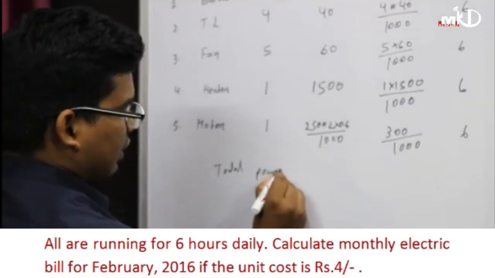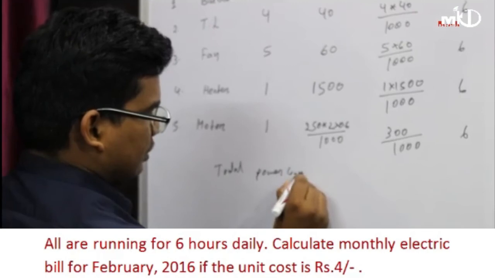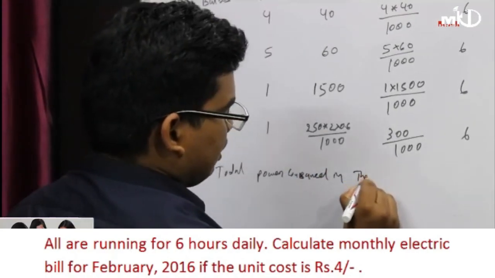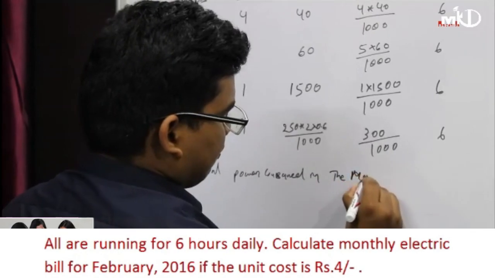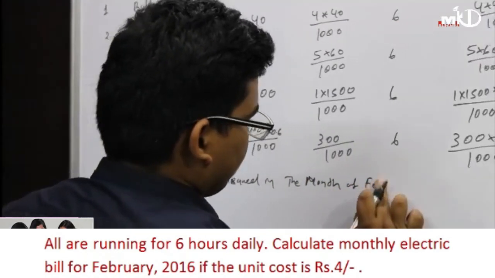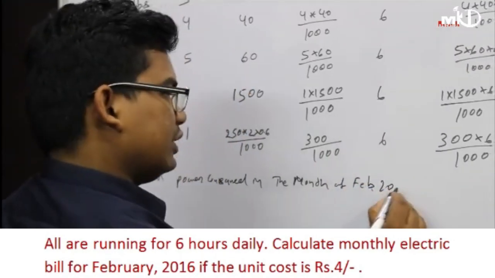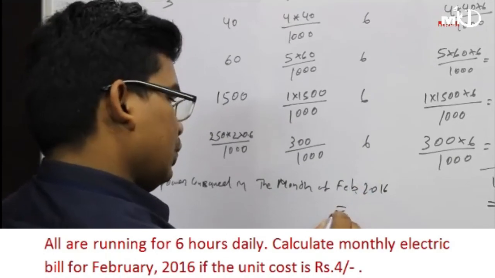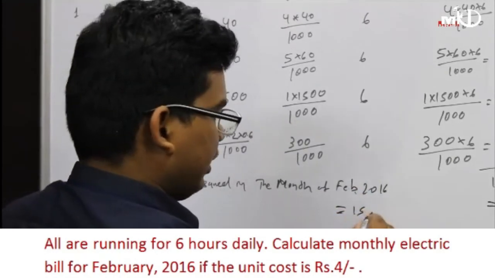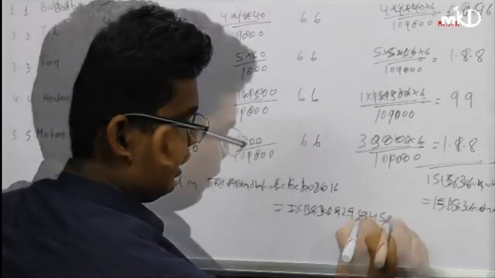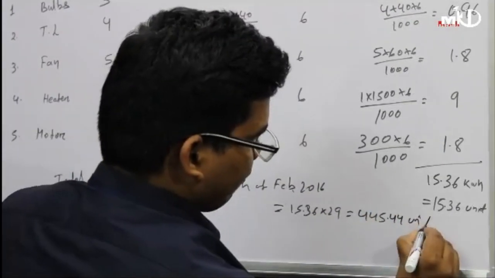Total power consumed in the month of February 2016, February is 29 days, so 15.36 into 29, 44 unit.